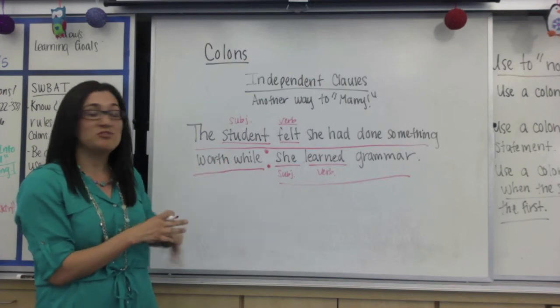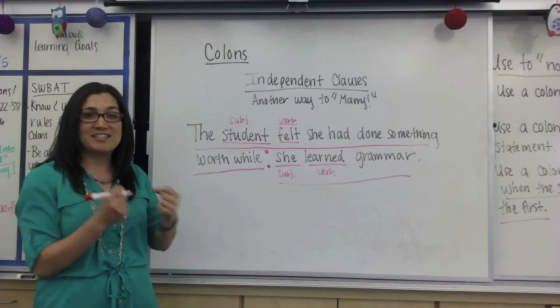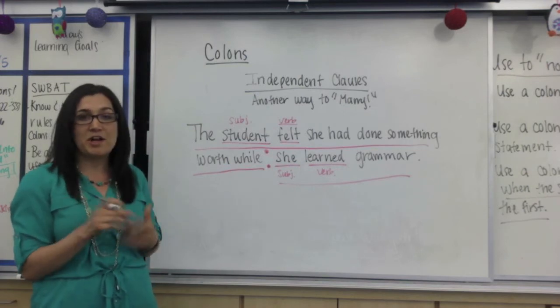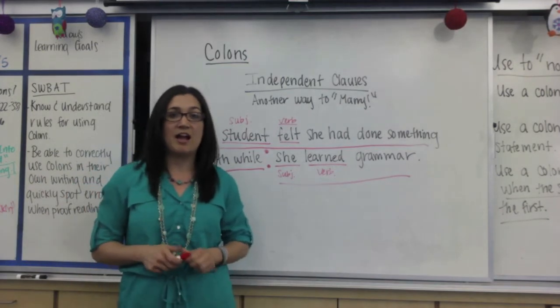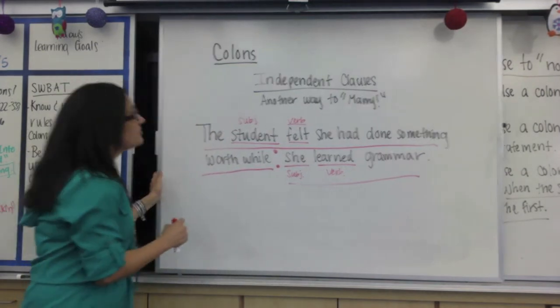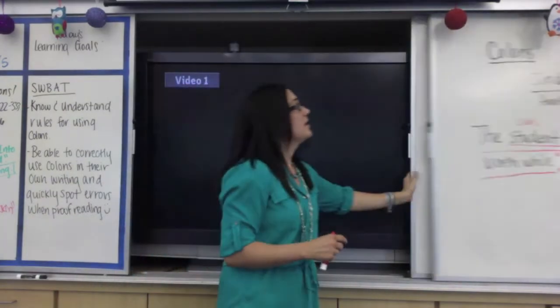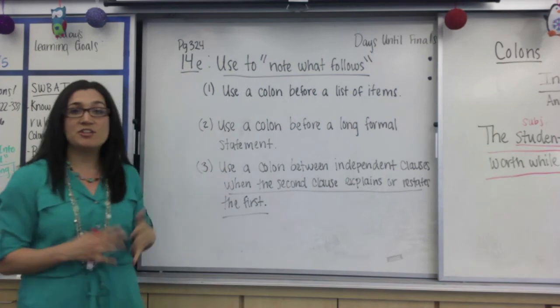What did she feel like she did? She learned grammar, okay? So she did something worthwhile. It's that statement. And all of these rules, all the examples that I gave you, all kind of have that declarative element to them. The colon, it's that idea that, the first general rule that I told you, take note of what follows.